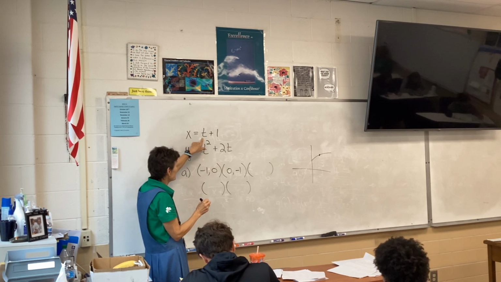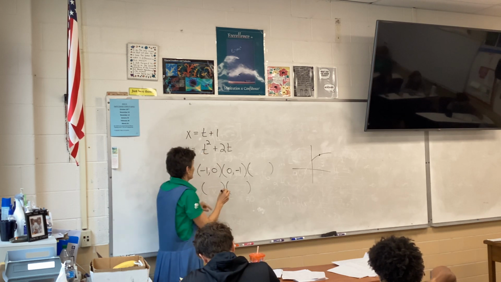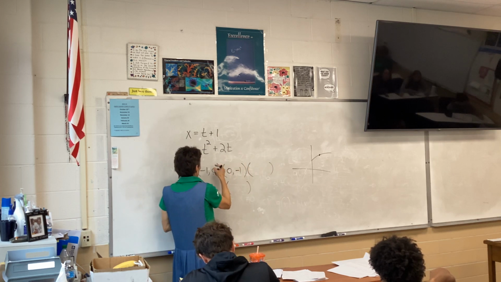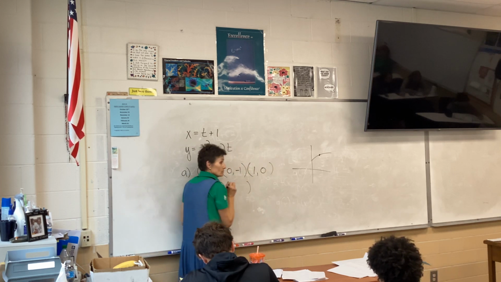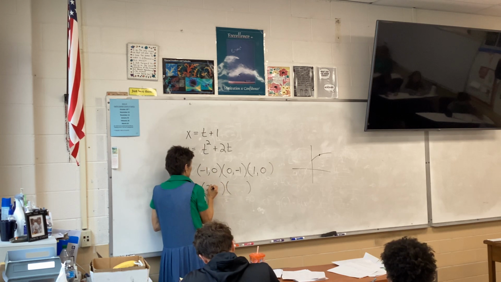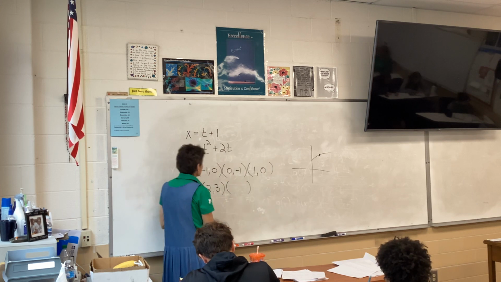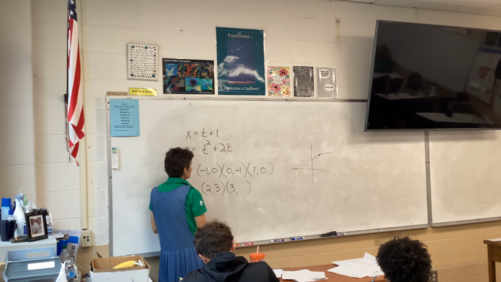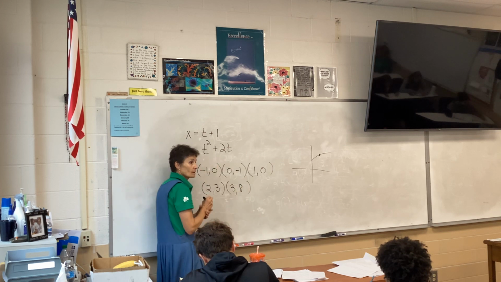That point would be if t is 0: 1, 0, 2, and 0. 1 and 0. Yeah. And if t is 1, 2 and 3. And finally, if t is 2, 3 and 8. You okay with that?